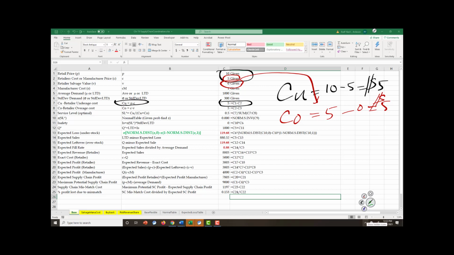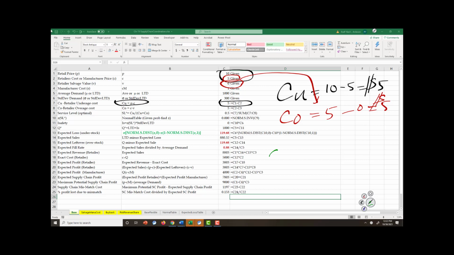In the context of the news vendor problem, the service level is defined as underage cost divided by all costs, and all costs here are underage cost and overage cost.